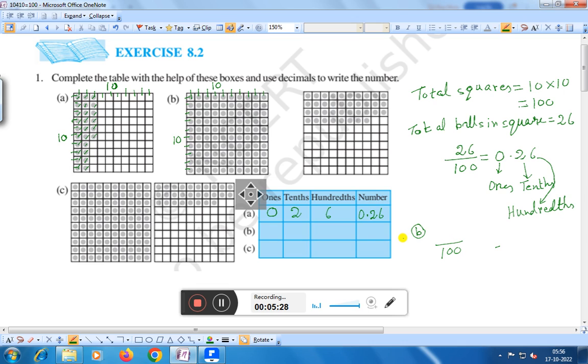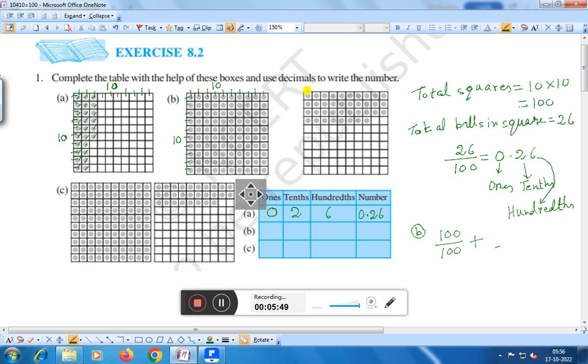And boxes are squares. How many balls are there in the squares? You see, in all the squares there are balls, right? That means 100 balls in 100 squares, that is 100 by 100, plus in these boxes.